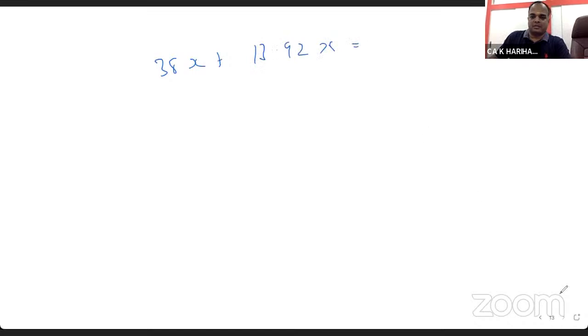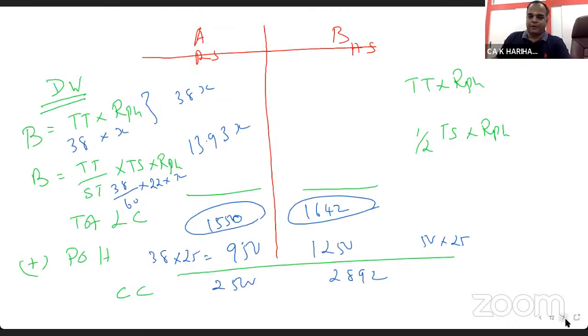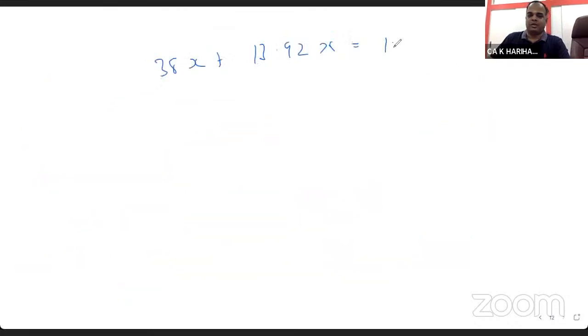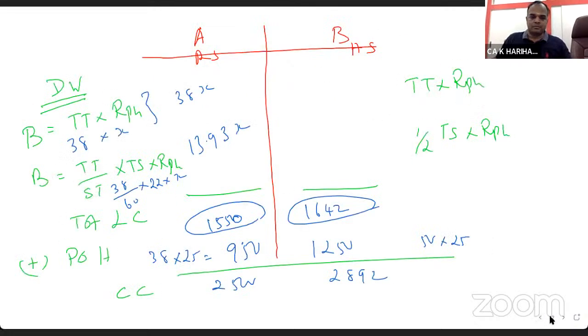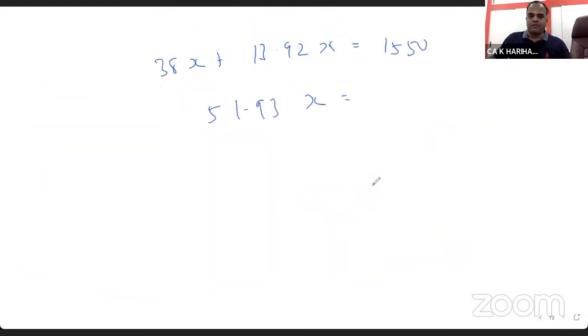So now we can compute 38x plus 13.92x is equal to 1550. If you add, 51.93x is equal to 1550.